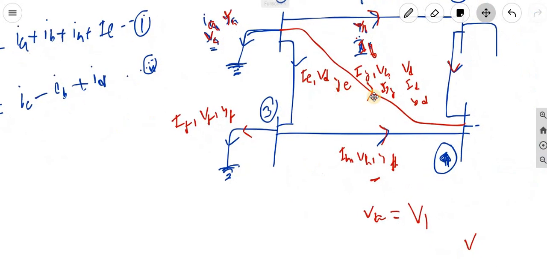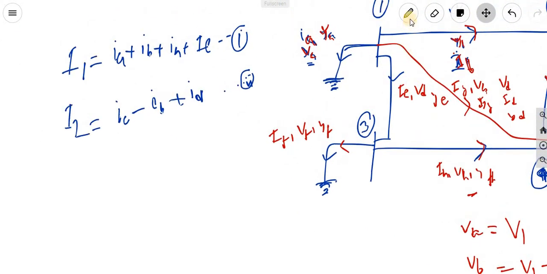And for I3 what we could get, I3 will be this branch, IF minus IE minus IH.